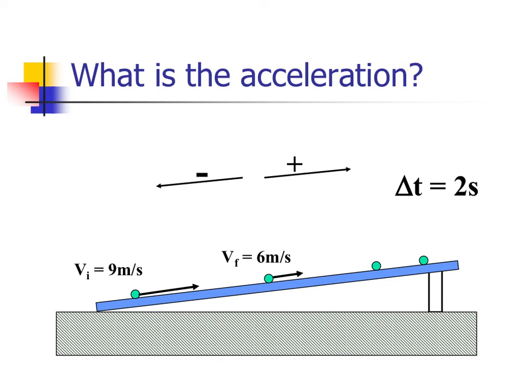So the numbers tell us that this object is slowing down, but what is the acceleration? The acceleration is 6 minus 9 divided by 2, negative 3, actually, divided by 2.